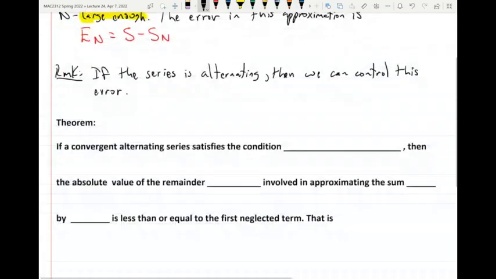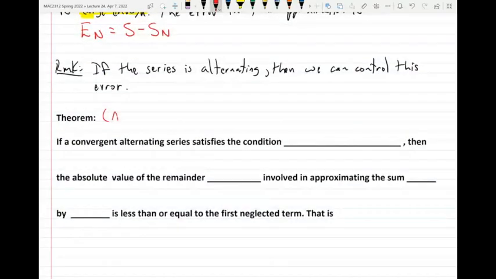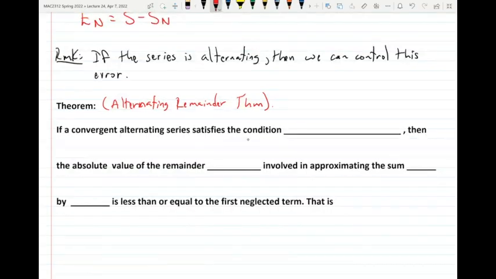Okay, so I'll give you the theorem. This is the alternating remainder theorem. And here is what it says. I'm going to give you the theorem, and then I'm going to give you the idea of the proof, and that's the reason why we need this first sentence. It's going to be very clear once we justify this. So suppose that you have a convergent alternating series, and we need the following condition.